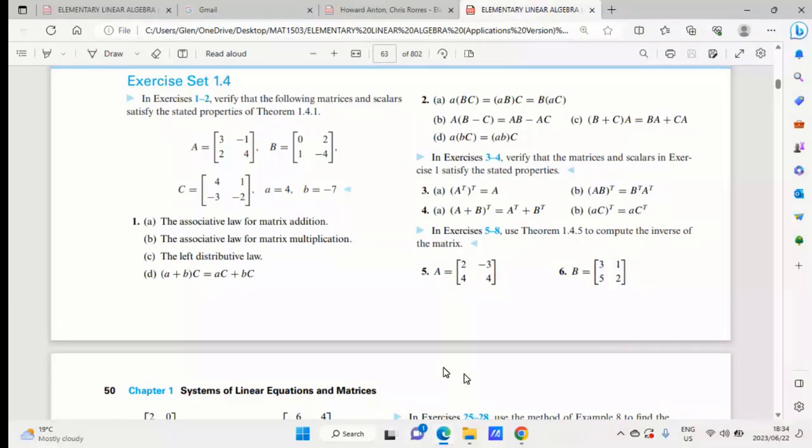From someone, it's me. On the second row I got 8 and negative 23. Positive 8 and negative 23 on the second row, which is different from the other person. Okay, hang on.